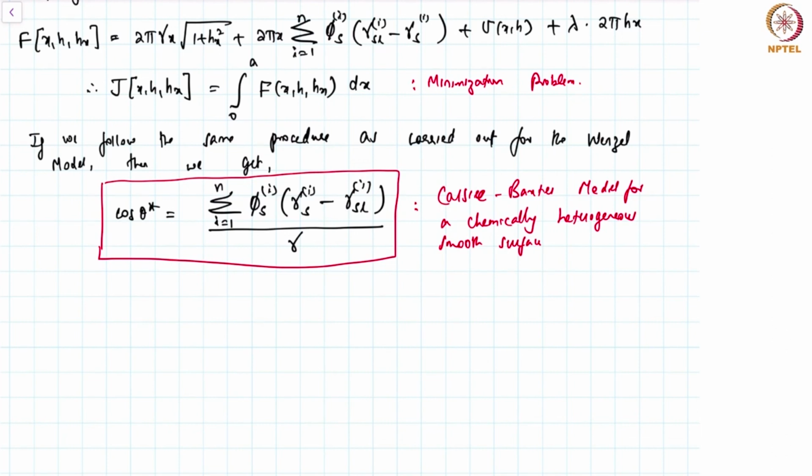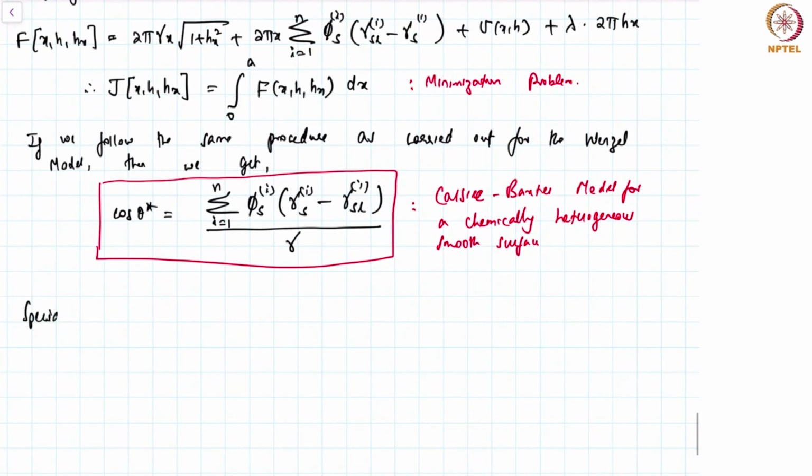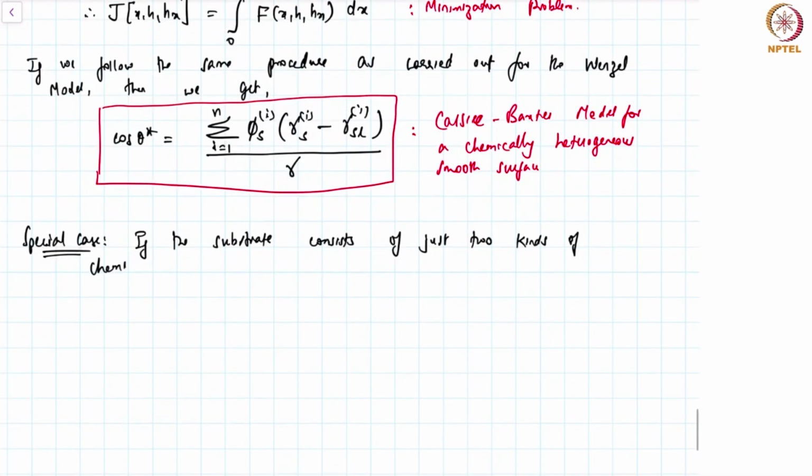Let's consider a special case. If the surface, the solid substrate, consists of just two kinds of chemical heterogeneities, then we get cosine of theta star will simply be f1 cosine of theta 1 plus f2 cosine of theta 2, right?